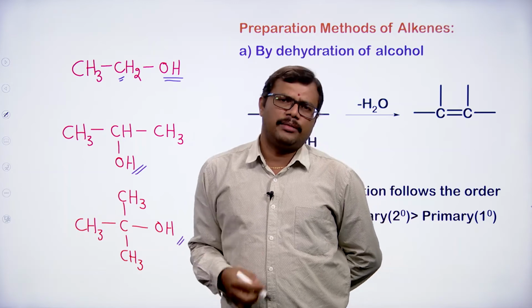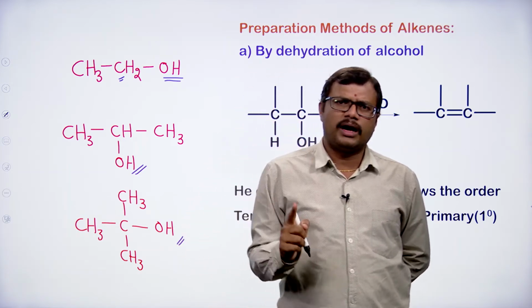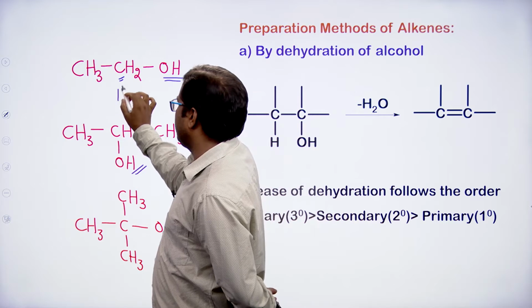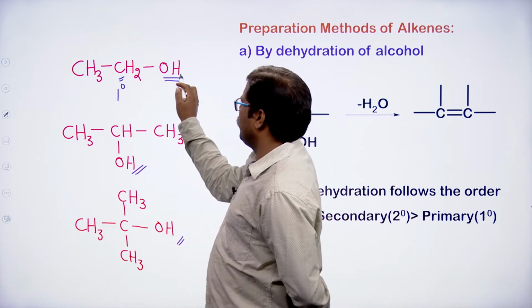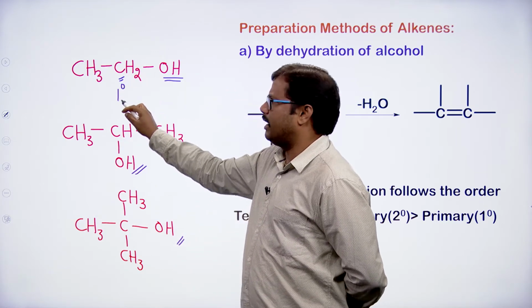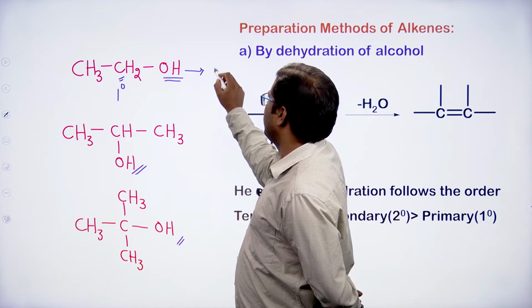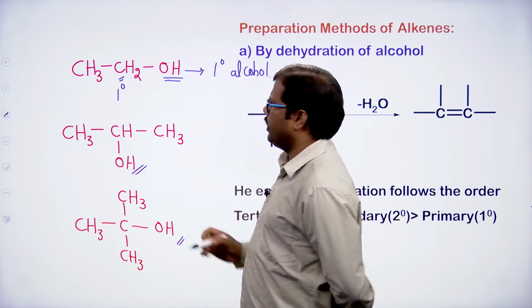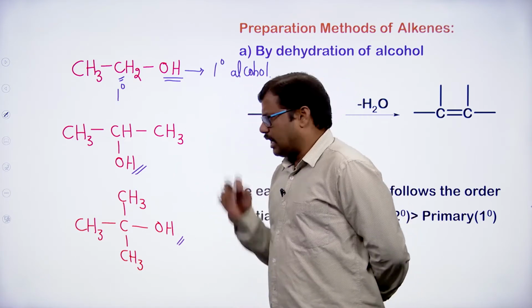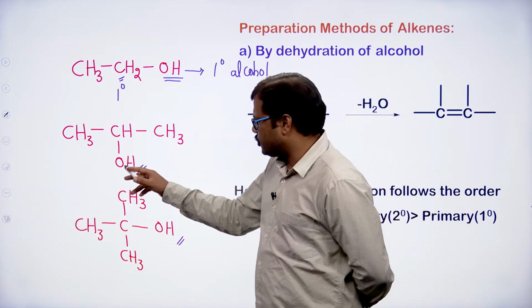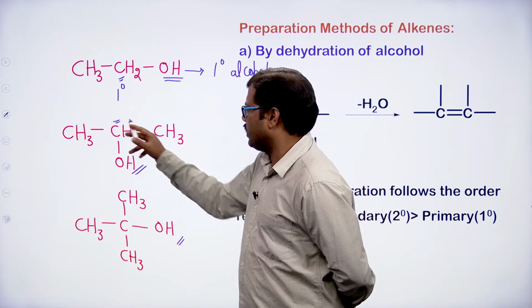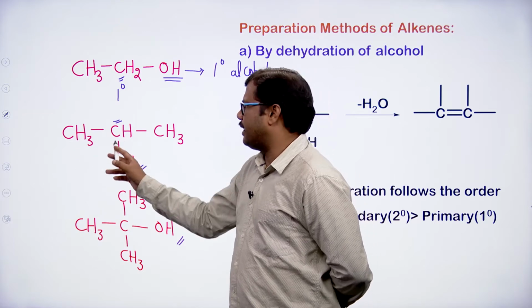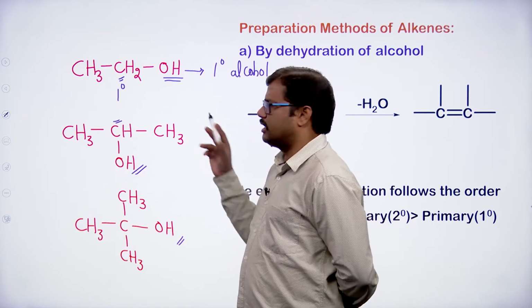So the carbon atom which is connected to only one carbon atom or non-carbon atoms is termed a primary carbon atom. So since the OH group is connected to a primary carbon atom, this should be a primary alcohol. It is a primary alcohol. Okay, right. If we observe the second molecule, in this case the OH group is attached to this carbon. Okay. So this carbon in turn is attached to 2 more carbon atoms, right side 1 carbon, left side 1 carbon.